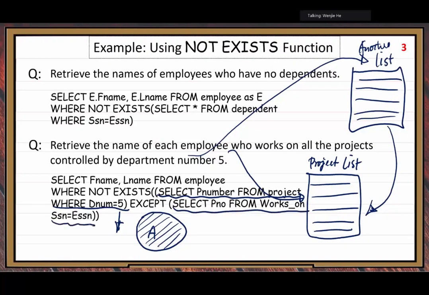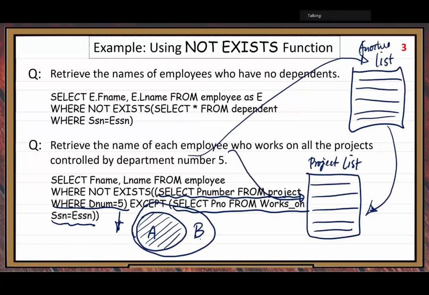So the second inner query is the project list worked on by the current employee. It should be another set larger than set A, set B. Set B should contain set A, right? Because the current employee should work on all the projects controlled by department 5, but add a few more projects not controlled by department 5.